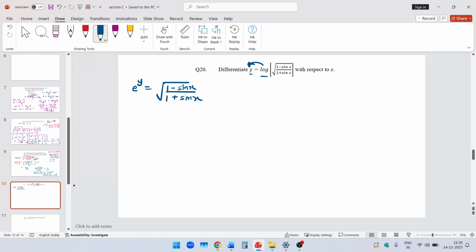Next, the second step will be do not differentiate just now. What you do is multiply and divide by root of 1 minus sin x. Okay, it's kind of rationalizing.